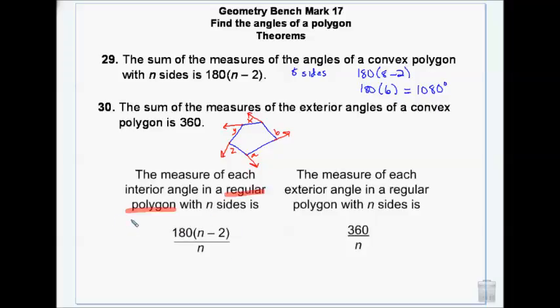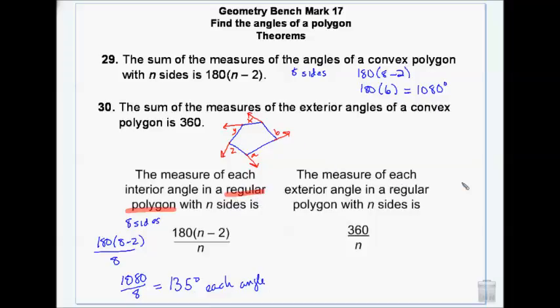So if we did 8 sides again, we have our 180 times 8 minus 2, and then we divide that by the number of sides. So that's 1080 divided by 8, so each angle would be 135 degrees. Only because we have a regular polygon.